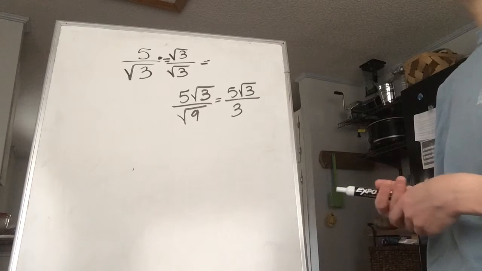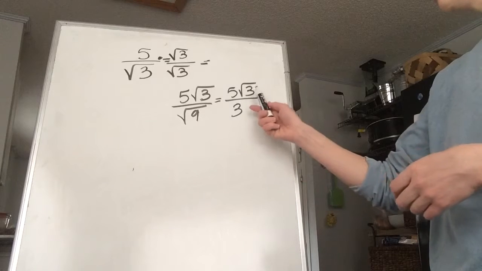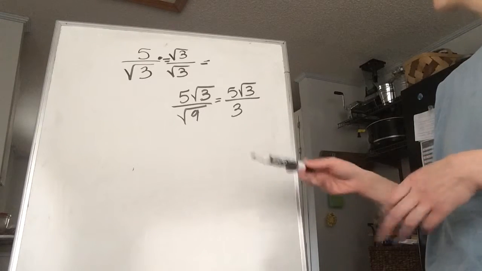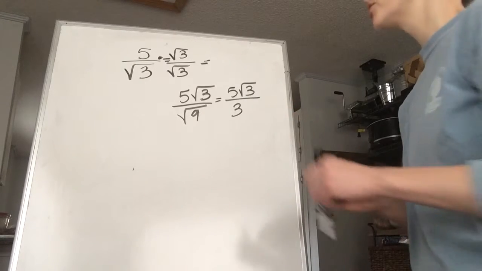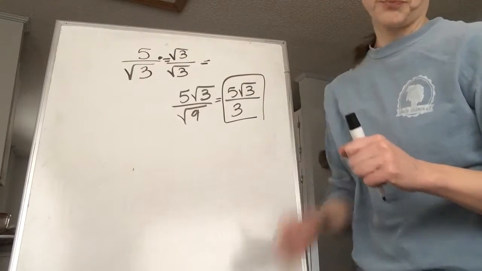So it's multiple steps, or doing the same step twice, I should say. So this is not a perfect square, there are no perfect squares that can come from it, it's good. And 5 and 3 cannot be reduced any further. So this is the correct answer, which is A.